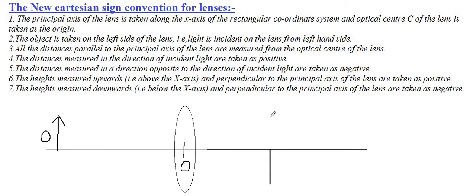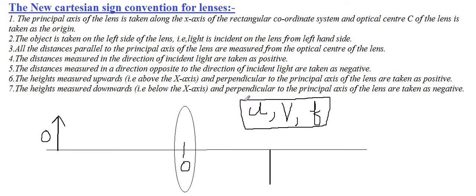So what are the distances which you have to measure from optical center? First is object distance u, second is image distance v, third is focal length. So these three distances we have to measure from optical center.